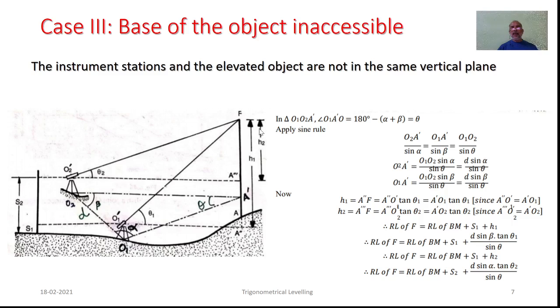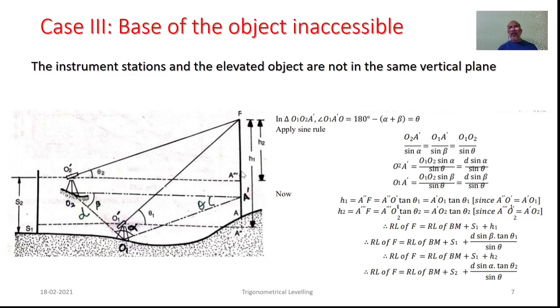Similarly, here this H2 is nothing but A dash O2 tan of theta 2. Here the way we deduced earlier, V is equal to D tan of theta, it is a similar approach.